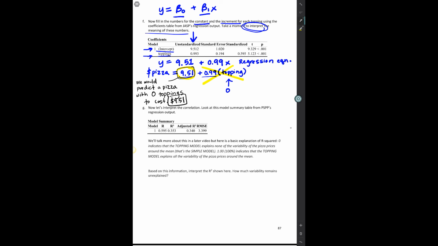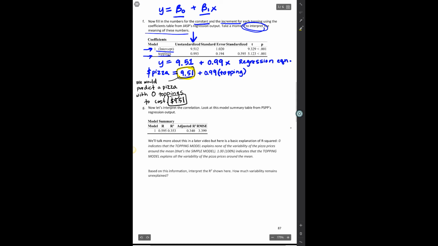If we're talking something else, like height and finger length, then you could tell me this is what we would expect somebody's finger length to be if they have 0 height. It doesn't make a whole bunch of sense, but it is literally what that constant is telling us. If we had 0 of x, what would y be?